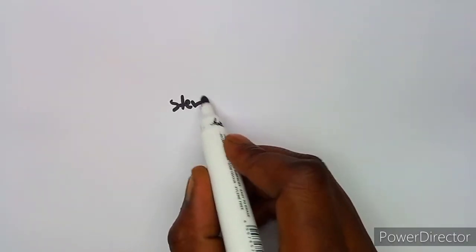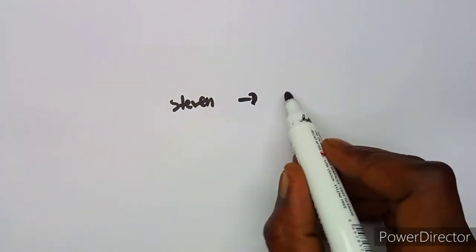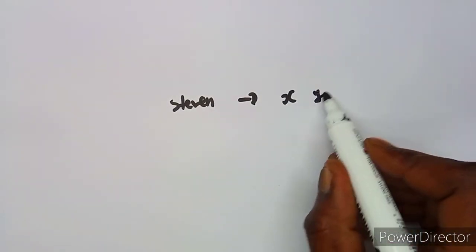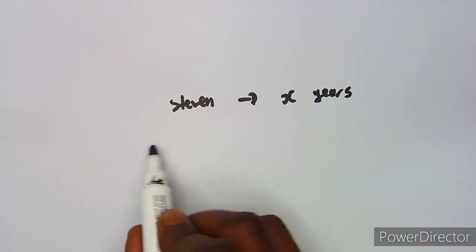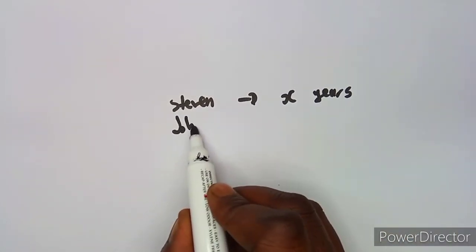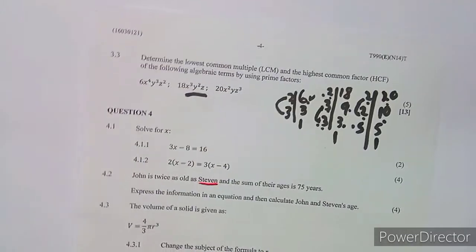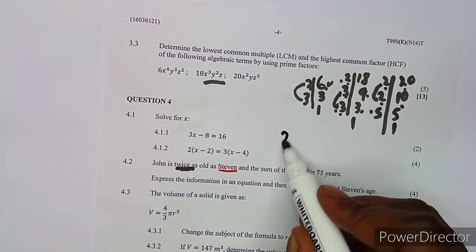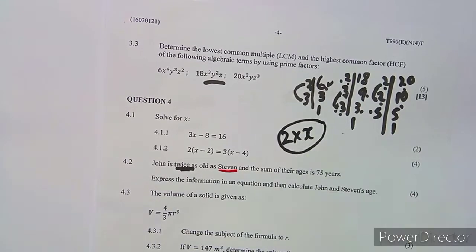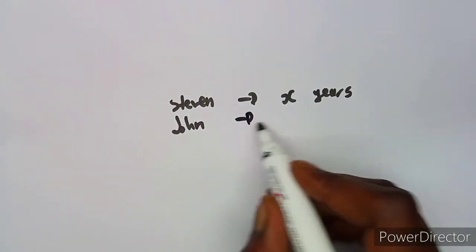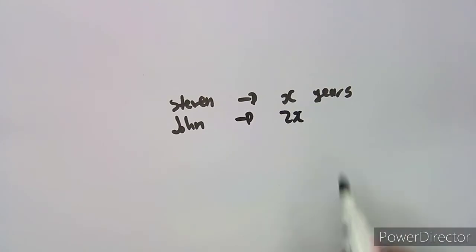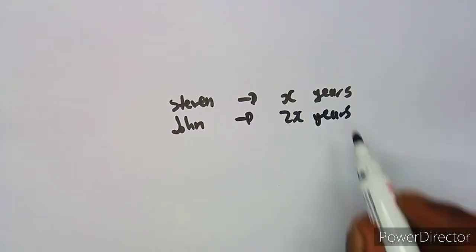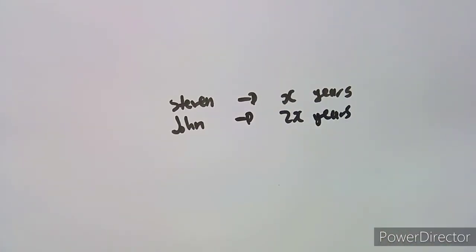Okay, so let's just say Stephen has got x years. All right, if he has got x years, what about John, who is related to Stephen, because John is twice. So twice means 2 times. Okay, so it's going to be 2x. So these are the years of John. John will be 2x. If Stephen is x, John will be 2x.